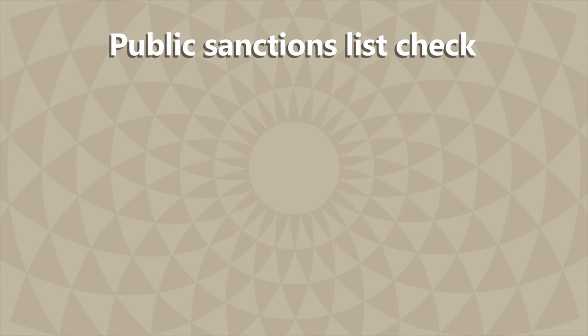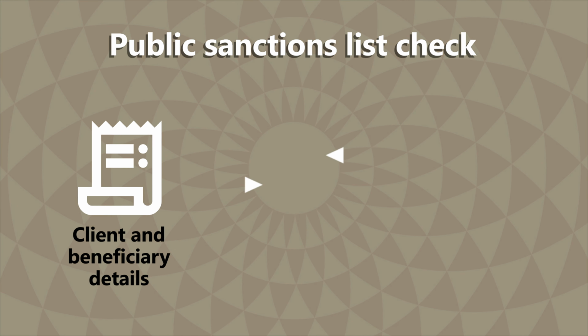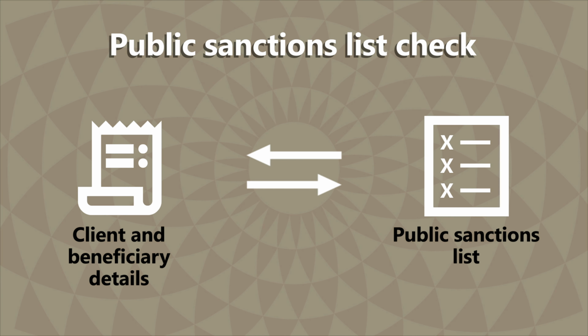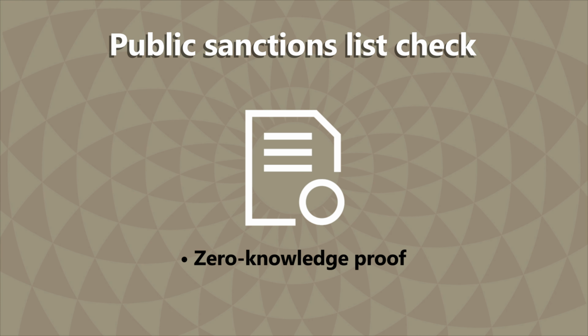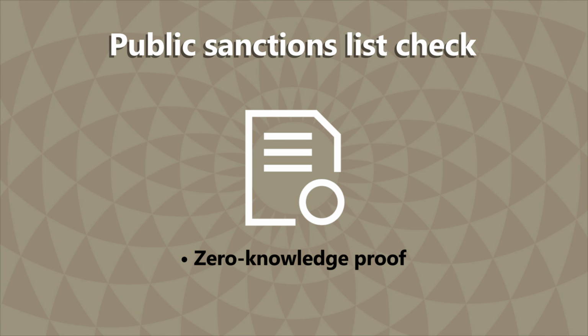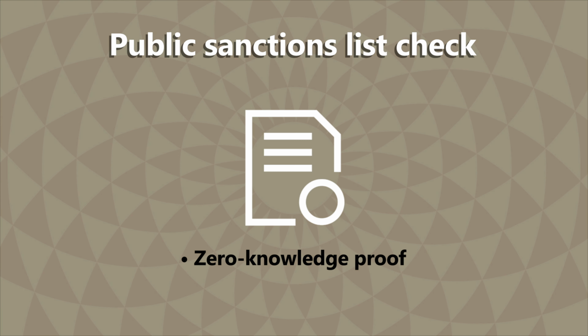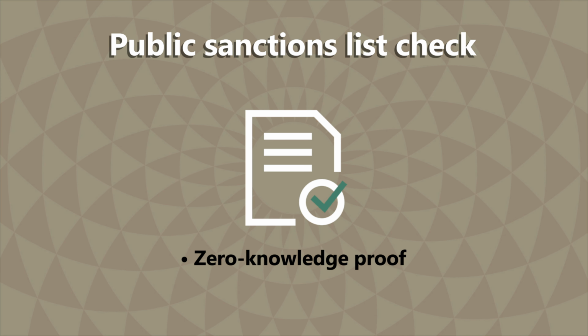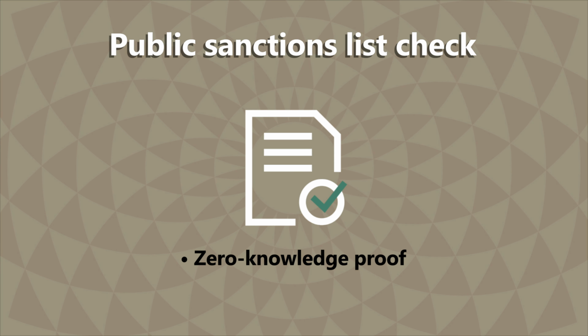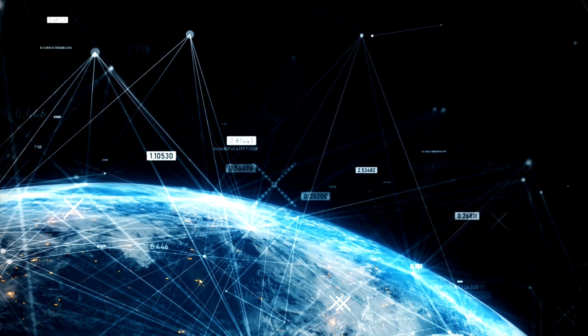The system checks the client and beneficiary details against public sanctions lists and, upon successful completion, generates a zero-knowledge proof. This proof is tamper-proof and allows any party in the payment chain to verify that the check was completed without revealing the client data used in the check.